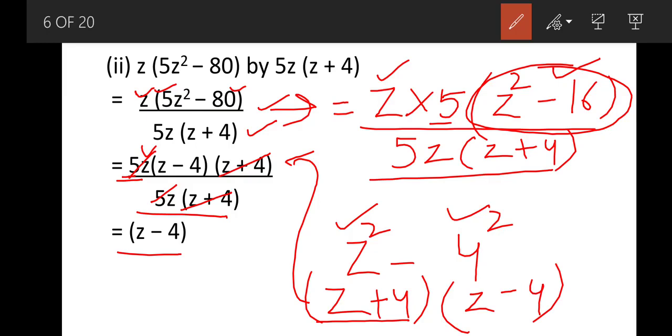Now this z square minus 16 can be written as z square minus 4 square. Now related to identity number 3, that is a square minus b square, it is a plus b, a minus b, and I have written here in place of this expression, that is z square minus 16. So common factors I have cancelled out, like z plus 4 gets cancelled out, 5z gets cancelled out, and your answer will be z minus 4.